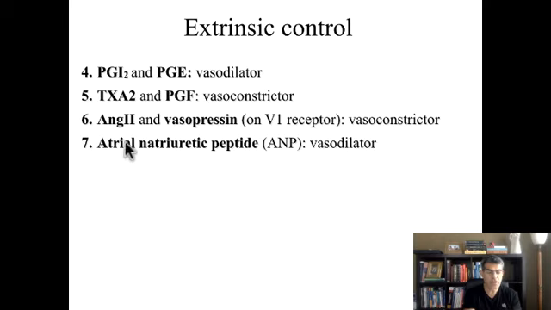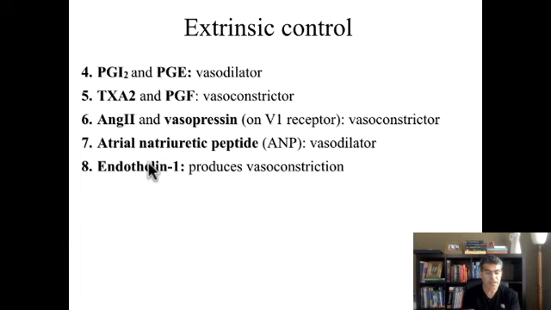Remember atrial natriuretic peptide, or ANP, that comes from the atrium, is a vasodilator. And finally, endothelin 1 is a vasoconstrictor. So there are some chemicals that can change the size of the vessels, as well as sympathetic and epinephrine can control the size of the vessels and determine how much blood is going to go to which organ.